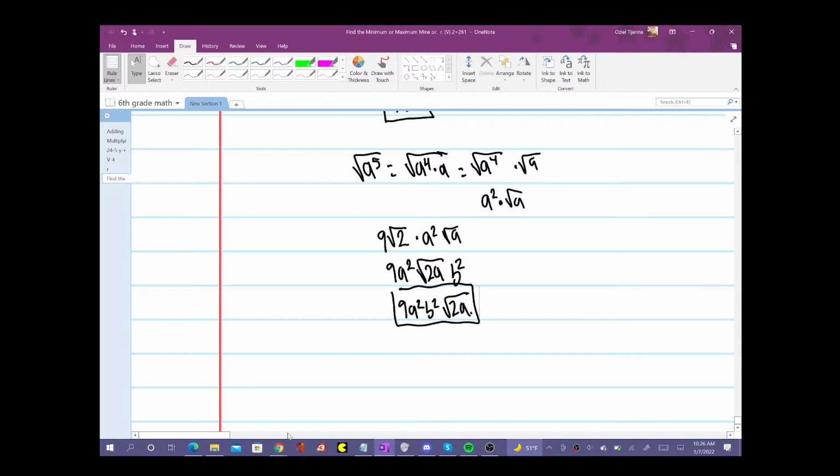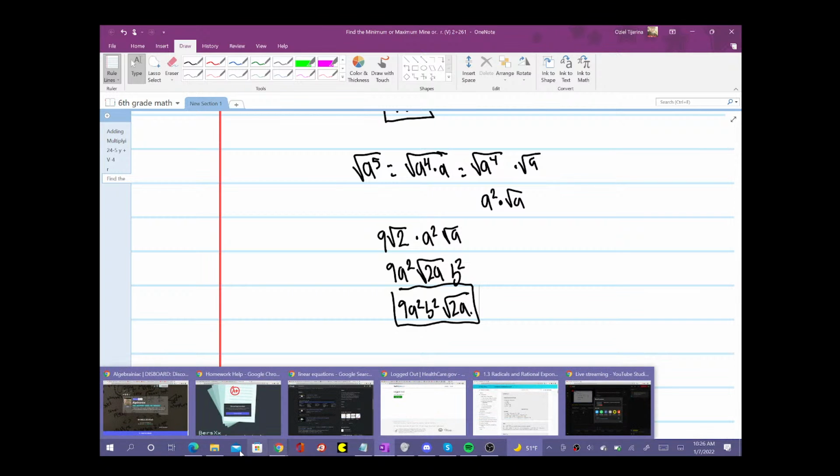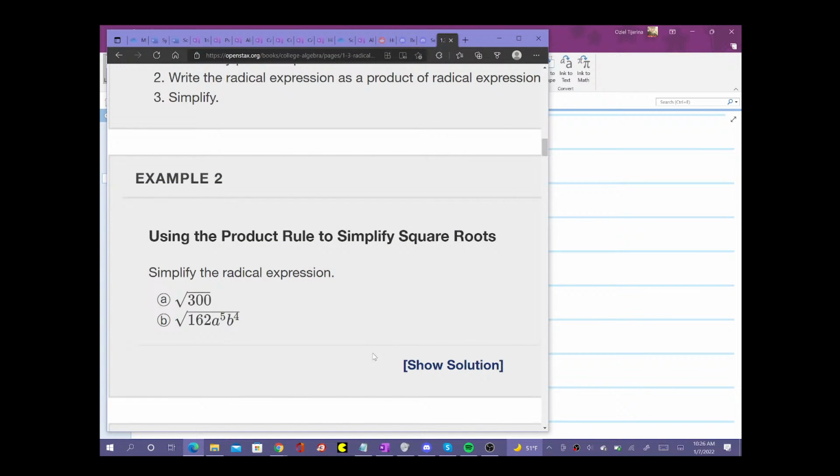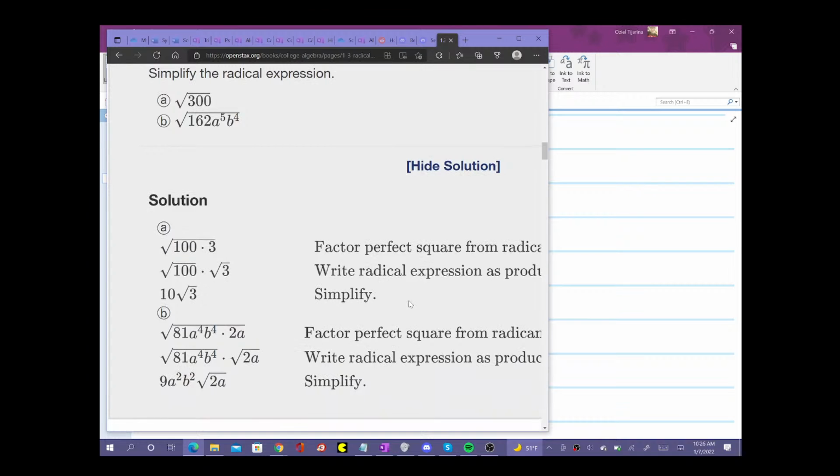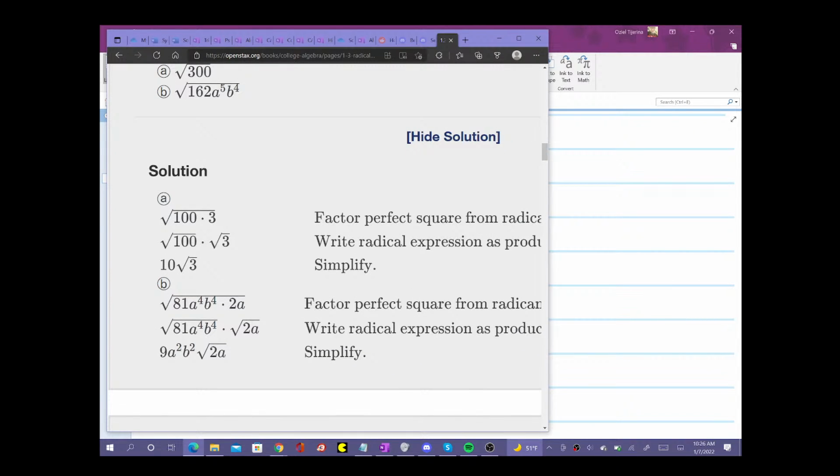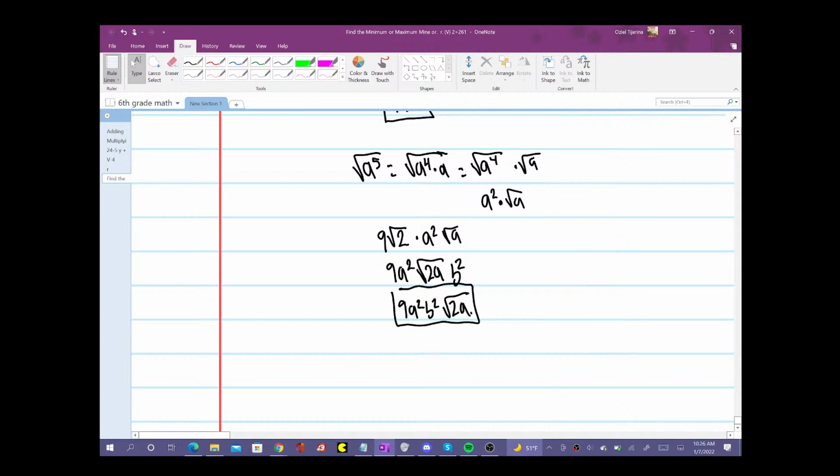Okay, so for this one, yes, it was 9a squared b squared times the square root of 2a.